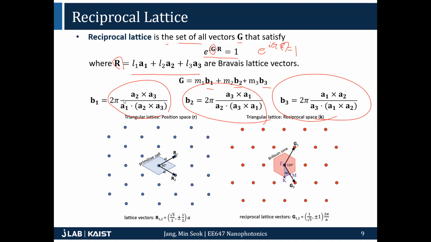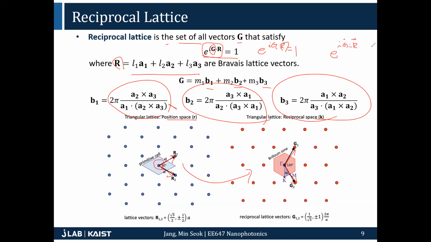For instance, if you have a real space Bravais lattice having A1 and A2 basis vectors, in the reciprocal space you also have another lattice with basis vectors G1 and G2, which can be obtained from these equations. And of course you can see this relation e^(iG·R).